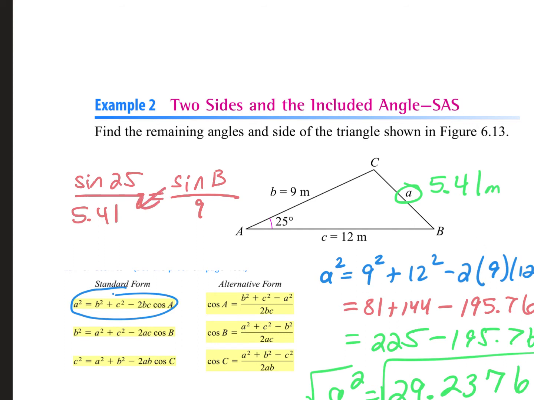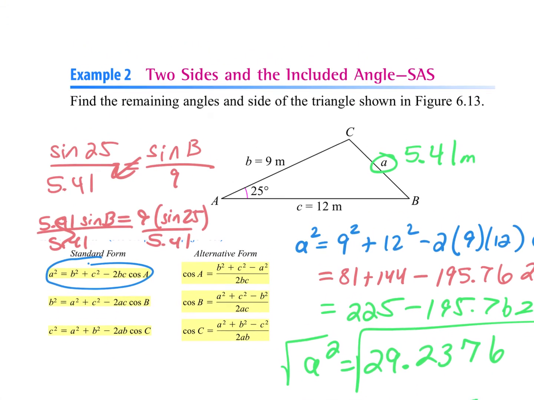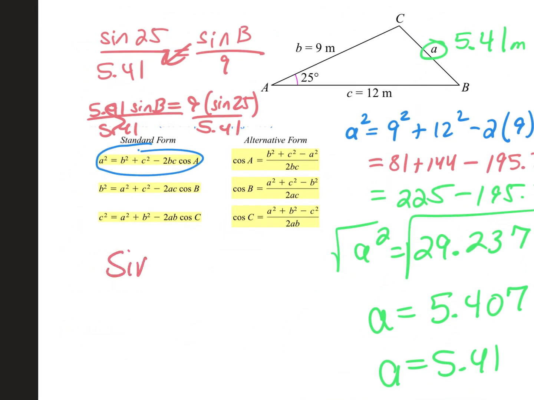Cross multiply. So 5.41 times the sine of B equals 9 times the sine of 25. Divide both sides by 5.41, right? So the sine of B, I'll do it down here. Sine of B is how much? What's 9 times the sine of 25 divided by 5.41?